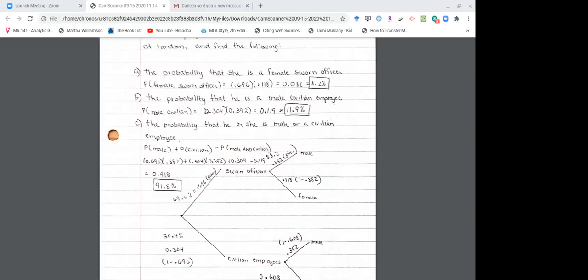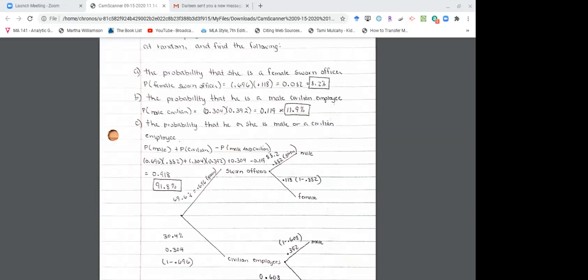So this will give me my civilian males. The third part of this question is the probability that the person is male or a civilian employee.